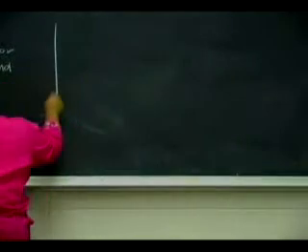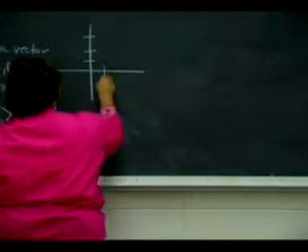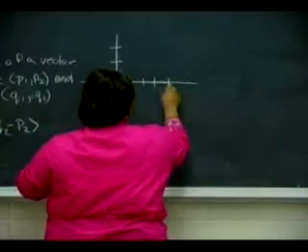For example, let me make up an example here of this component form to better explain what's going on. Suppose we have a directed line segment in the plane here.